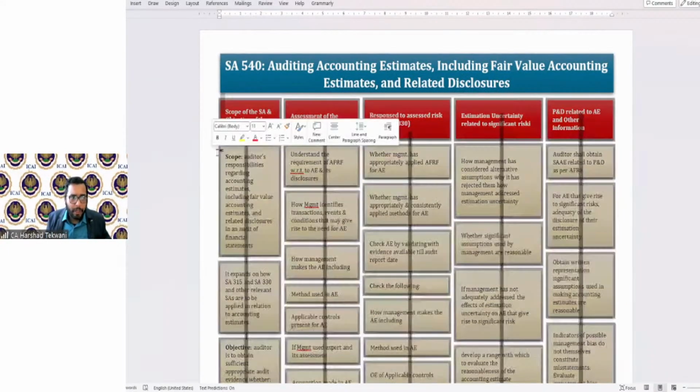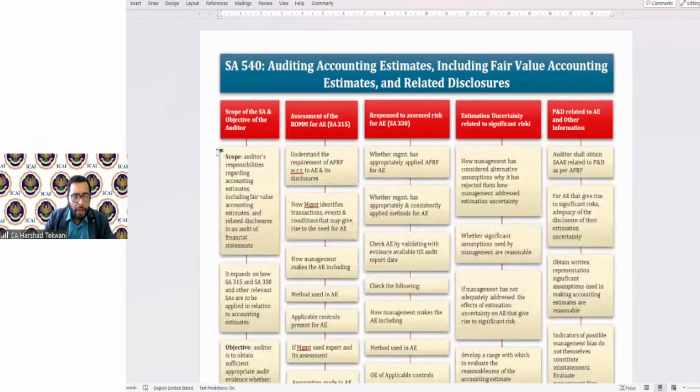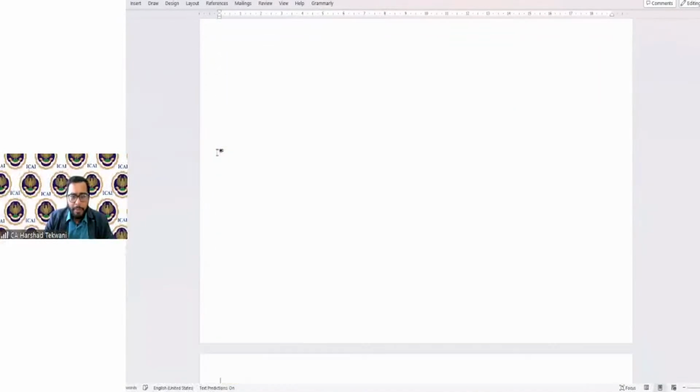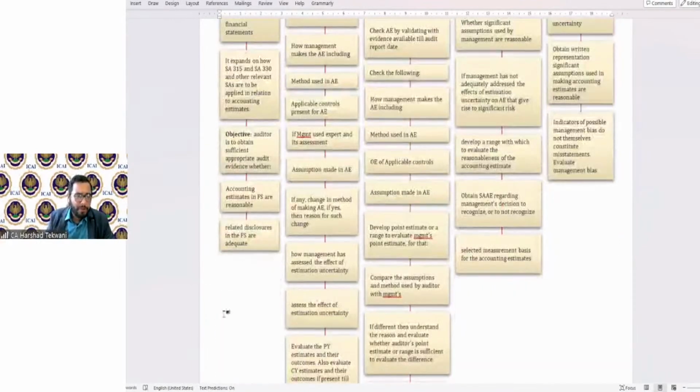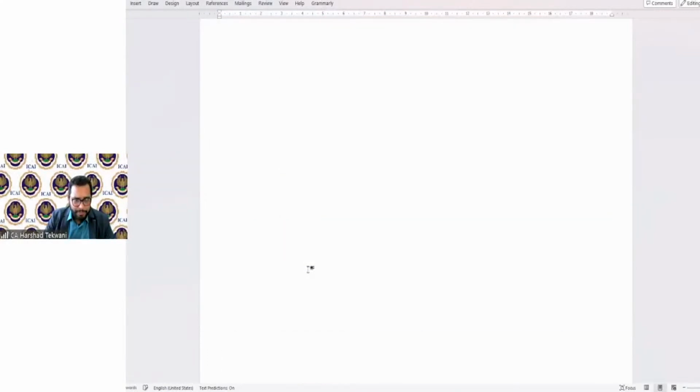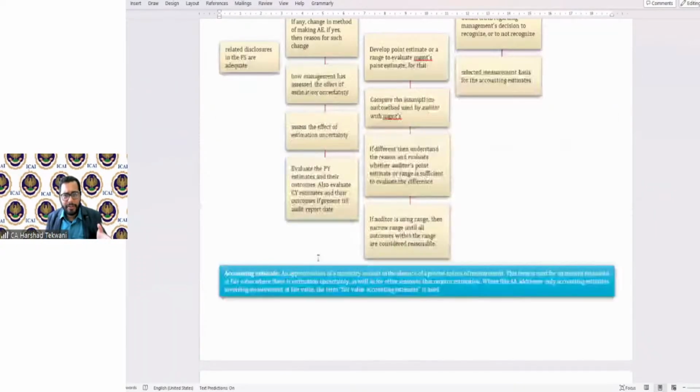Very important one, because a lot of estimates are there when we talk about an audit of a financial statement, because at the end, you cannot have a financial statement without estimates. So that's why this standard, because of its nature, becomes very important.